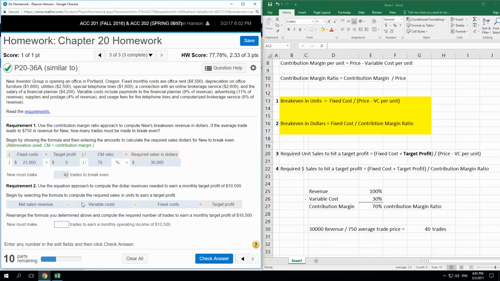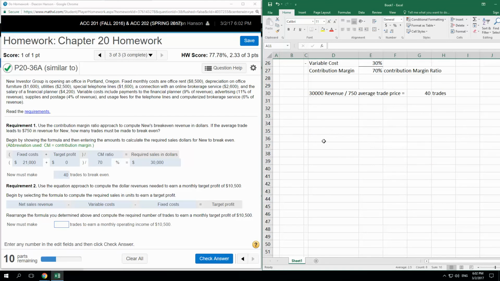Now it says rearrange the formula you determined above and compute the required number of trades to earn a monthly target profit of $10,500. So we could do that over here.